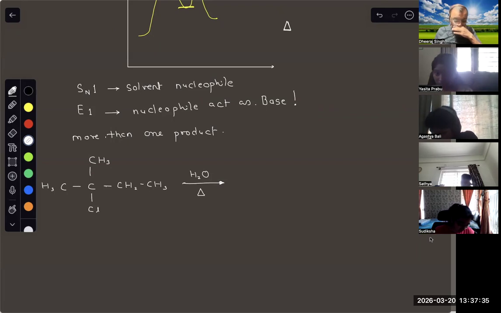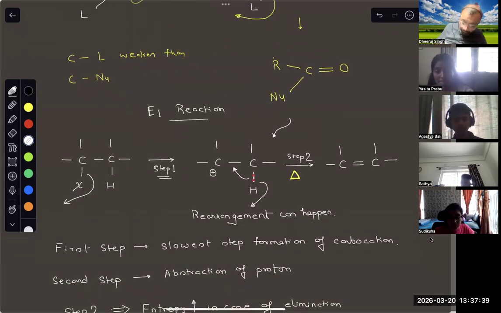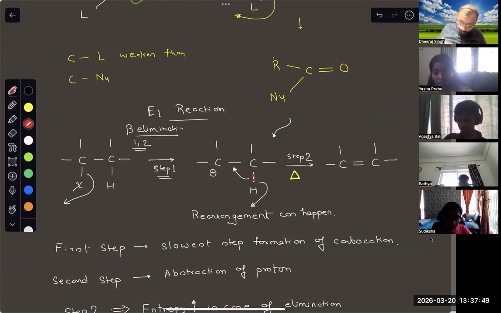By the way, whatever elimination we are talking about till now is beta elimination, or 1,2 elimination. Why are we calling it so? Because the leaving group comes from the first carbon and hydrogen goes out from the adjacent carbon.